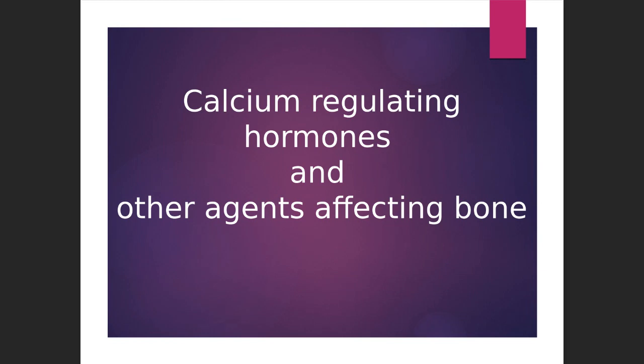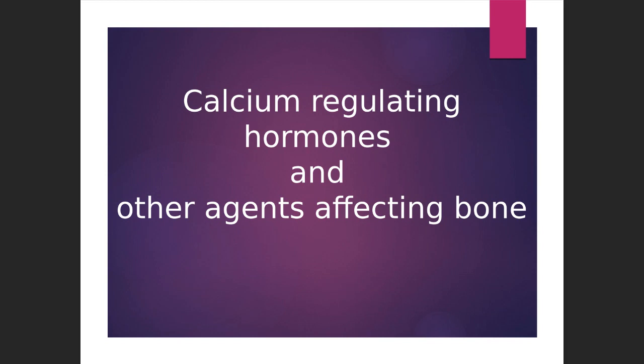What is basically calcium? Calcium is an ion which is present in the body. There are many different types of ions present, like sodium, potassium, calcium, chloride, etc. One of the most important ions present in the body is calcium.